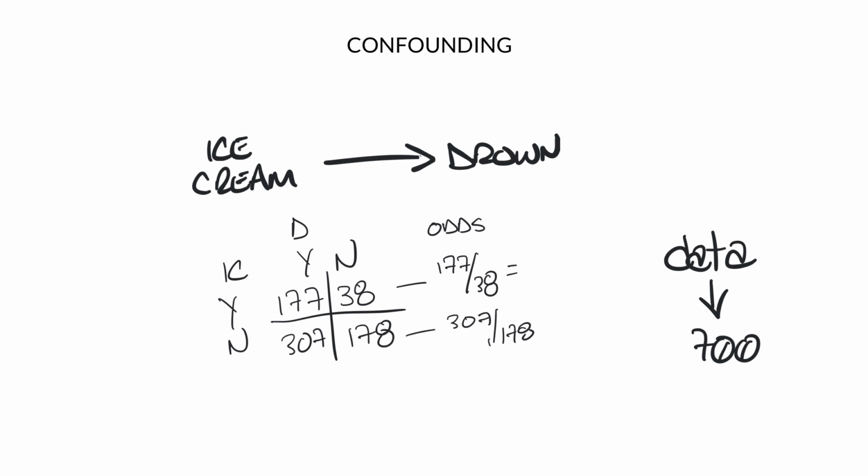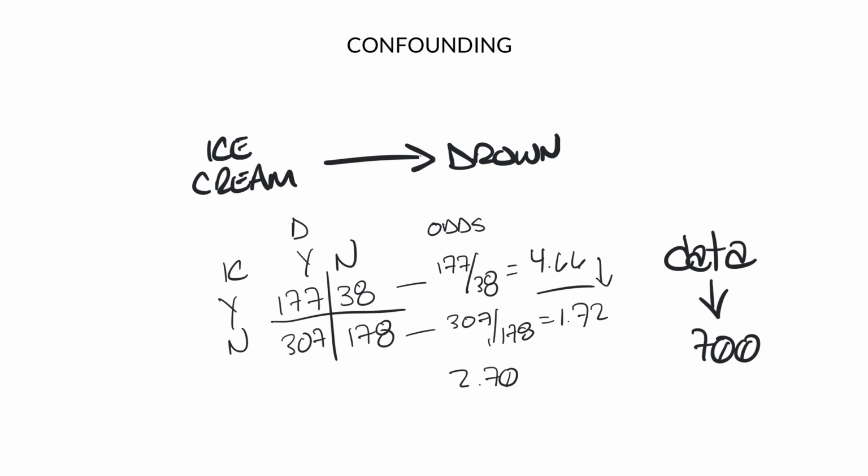And this is 4.66, and this is 1.72. And you do an odds ratio where you divide one number into the other, and the odds ratio is 2.70. So eating ice cream increases your odds of drowning 2.7 times.